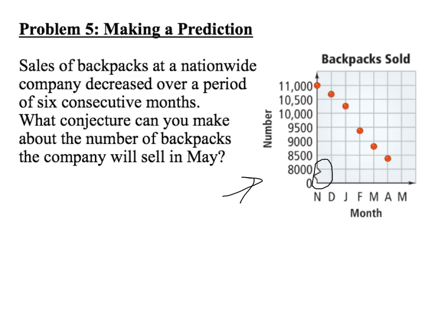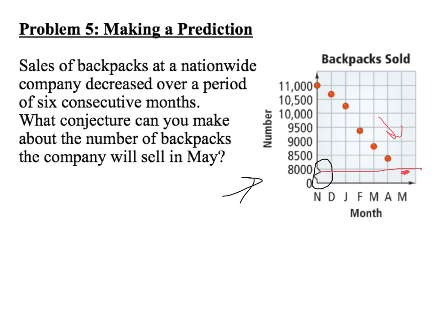So if I look at this pattern, it looks like it's decreasing. So if I were to plot the point of where it might be for May, I would say it would be about there, except it would be on the line. And so if I want to say what would that be, looks like if this line is 8,000, it would be just below 8,000.